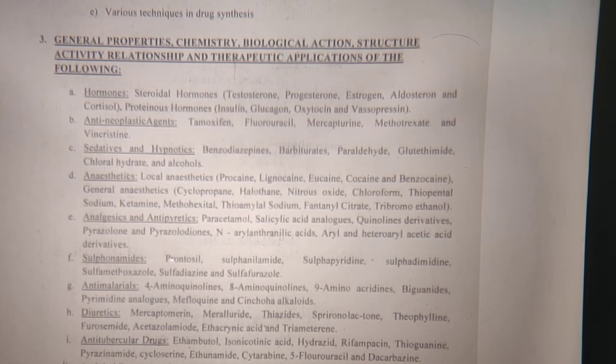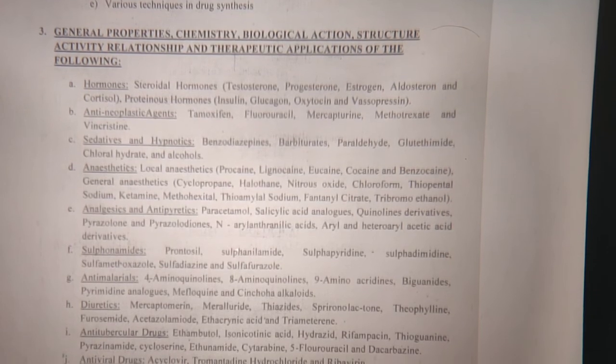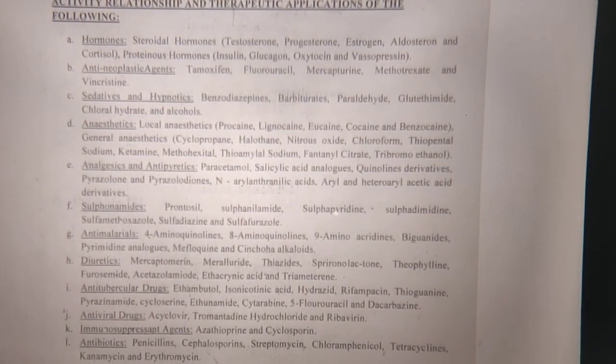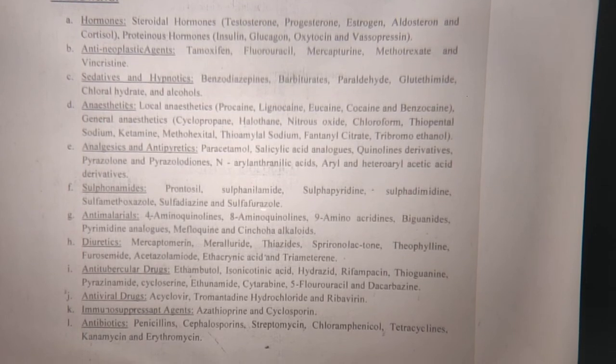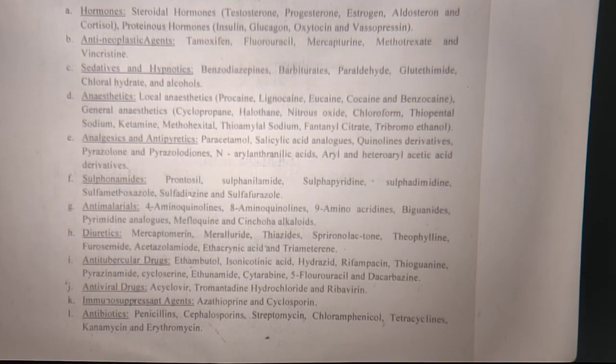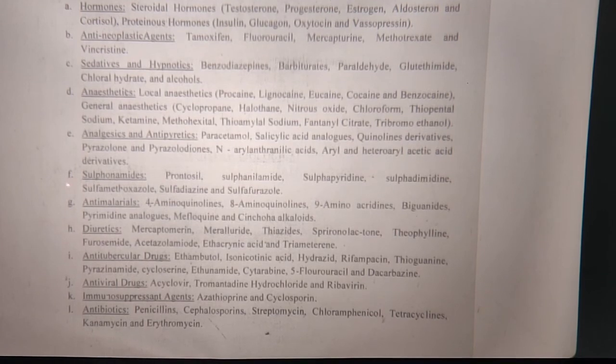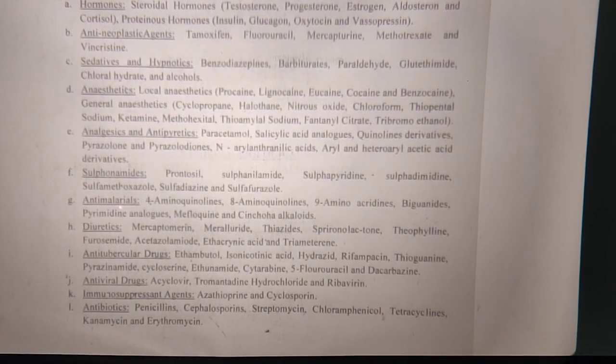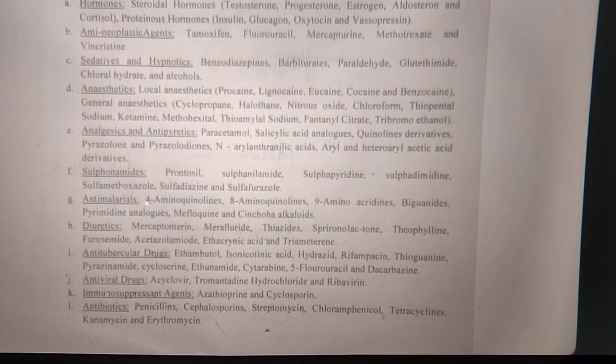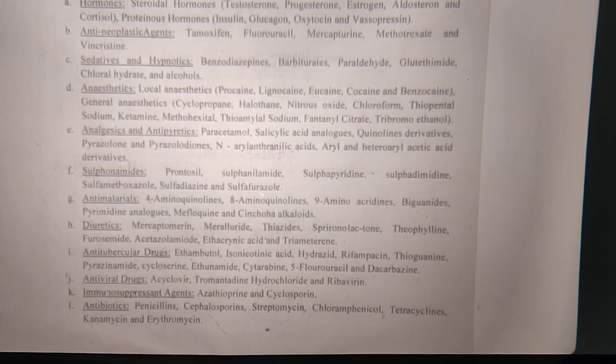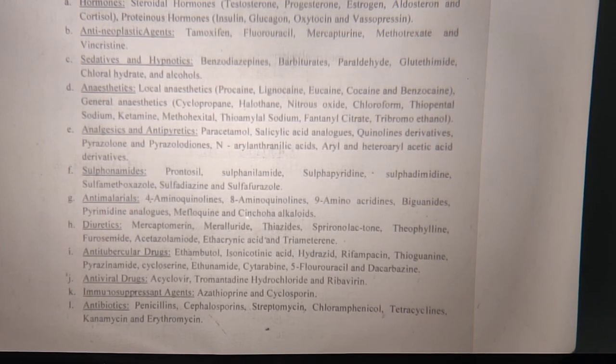Under sulfonamides are included prontosil, sulfanilamide, sulfapyridine, sulfadiamidine, sulfamethoxazole, sulfadiazine and sulfafurazole. G, antimalarials. Under antimalarials are included 4-aminoquinolines, 8-aminoquinolines, 9-amino derivative acridines, biguanides, pyrimidine analogs, mefloquine and cinchona alkaloid, which is a natural alkaloid.